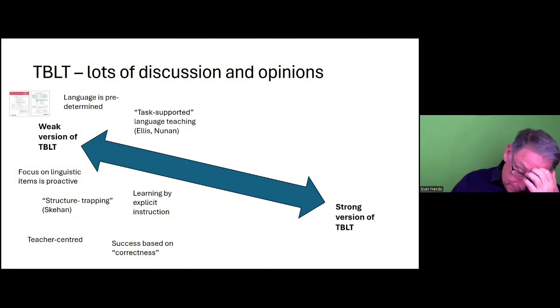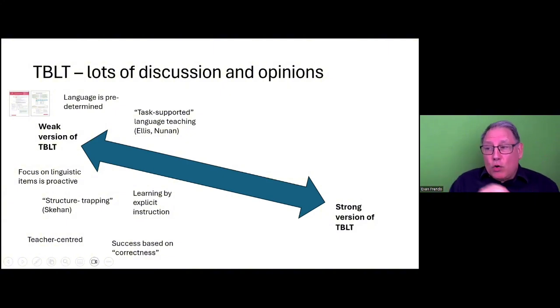So we've got language which is predetermined. The teacher or the course book writer has decided. We've got a focus on the linguistic items, but it's proactive. In other words, it's not reacting to people's problems. It's the teacher or the situation or the syllabus deciding what linguistic items are being focused on.